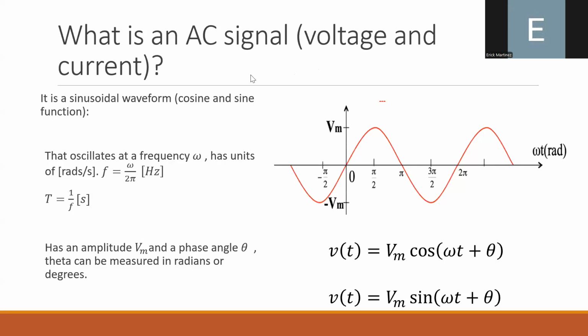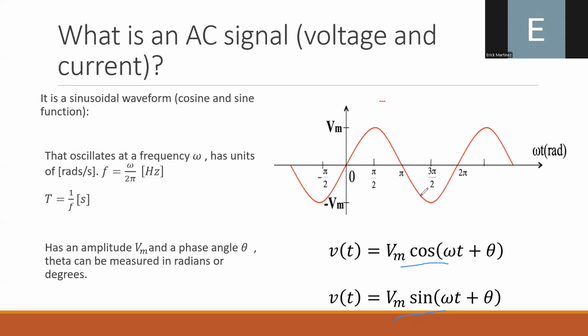So in the previous class, we started discussing a little bit what a sinusoidal is. Remember that the sinusoidal is basically a trigonometric function that can be expressed as either a cosine wave or a sine wave.